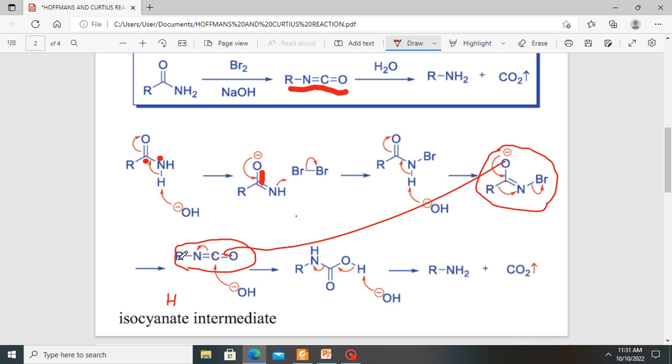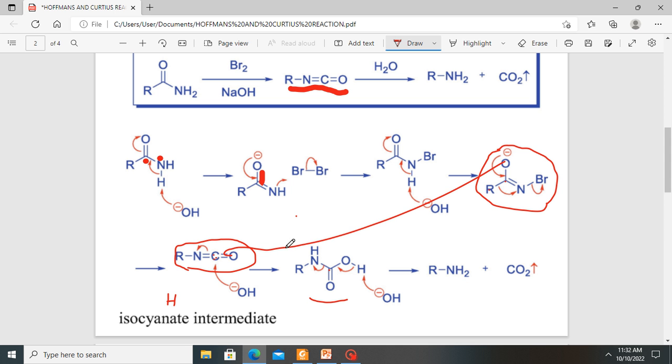So we get this R bonded to this nitrogen with this hydrogen from the water. This carbon has a double bond to the oxygen. Then there's a hydroxide. The intermediate here is what we call the carbamic acid, the intermediate from the hydrolysis of isocyanate.